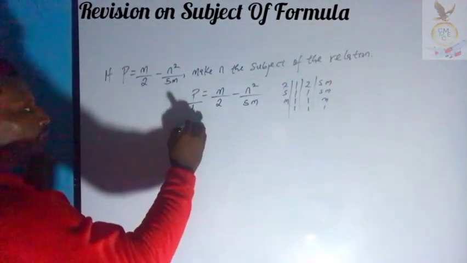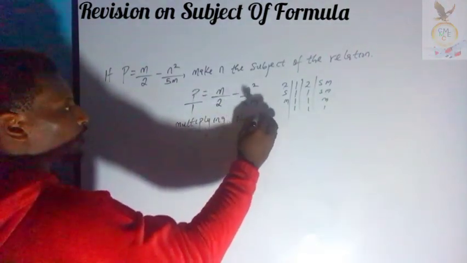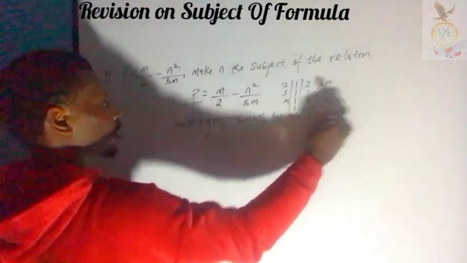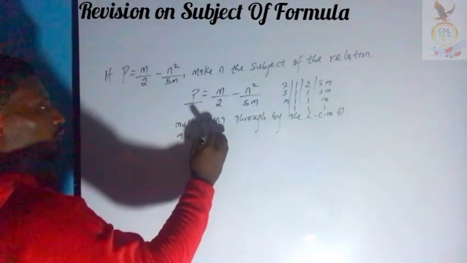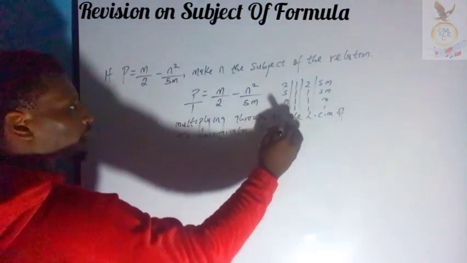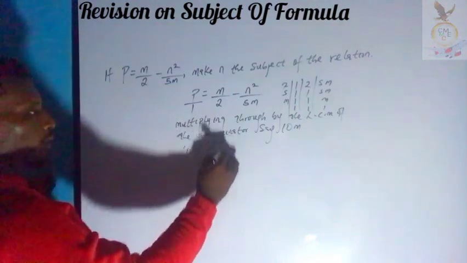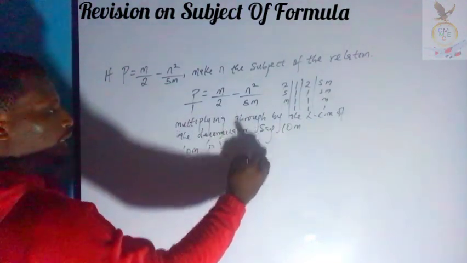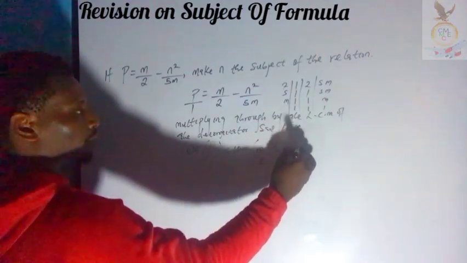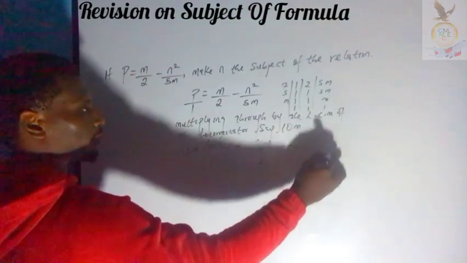So multiplying through by the LCM of the denominator, that is 10m. So 10m times p divided by 1 is equal to 10m times m divided by 2 minus 10m times n squared divided by 5m.